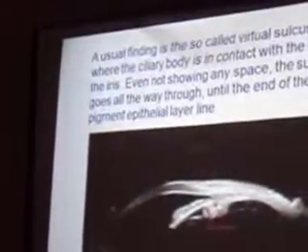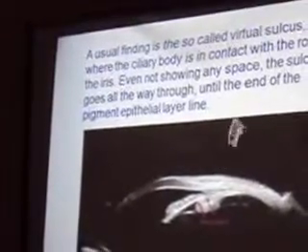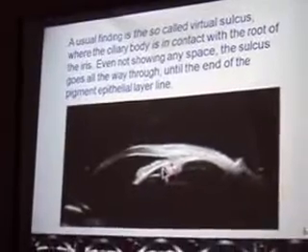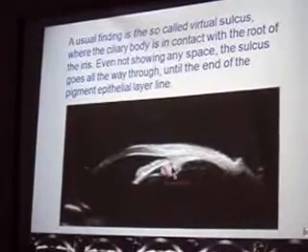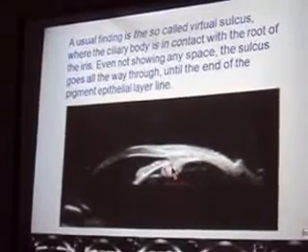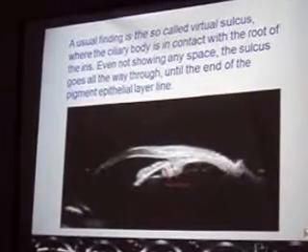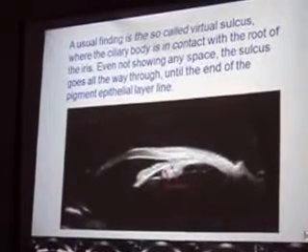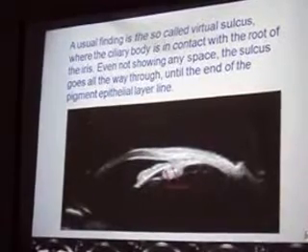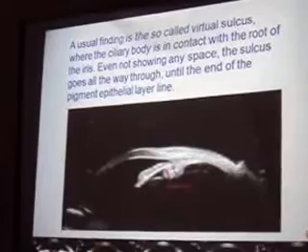In this example, many people are going to try to place the caliper on the first arrow, the arrow on the left, but the sulcus is ending at the second arrow. A very good help on that is the end of the pigment epithelial layer. As you can see, the pigment epithelial layer is ending at the second arrow. That's where the real sulcus is.